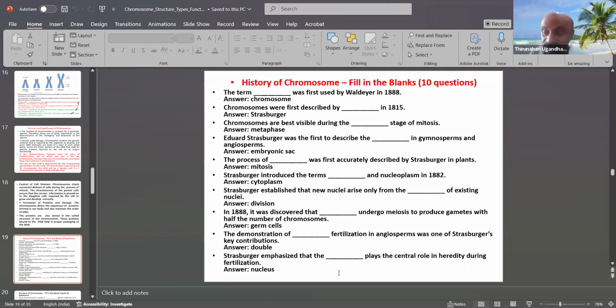In the nucleus, karyokinesis is responsible for the two nuclei. In the same way, the inside of the nucleus also divides equally in the cell division. So Strasburger emphasized that the nucleus is the key.